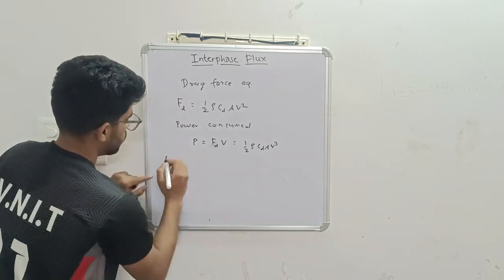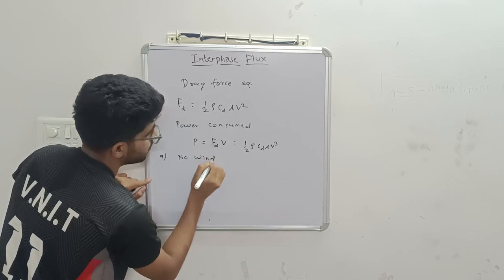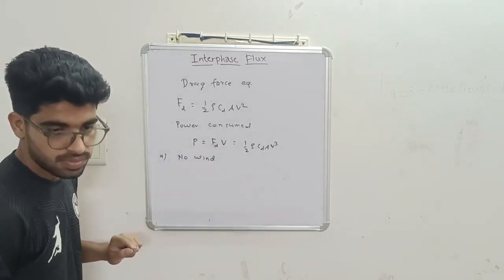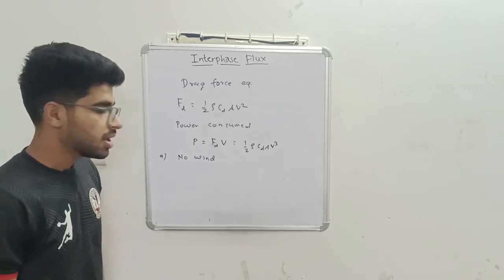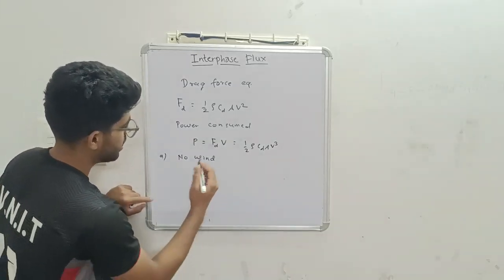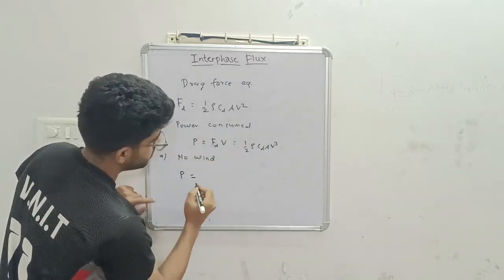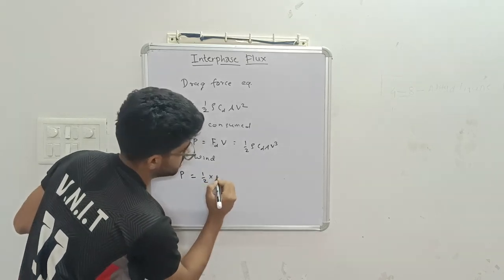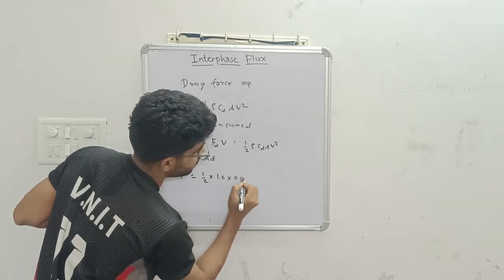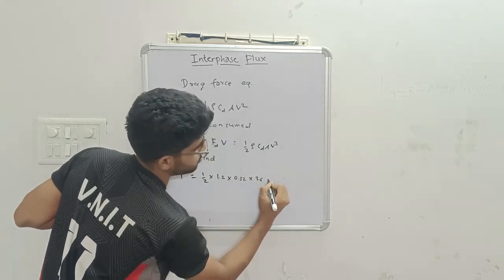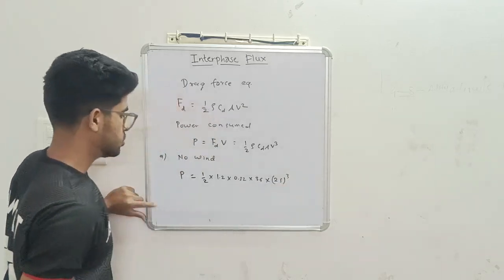Now, solving case A, which is the no wind case. In the first no wind case, we are going to find power consumption. Here we write the formula of power, and now we put the values one by one. Half, our density is 1.2, and CD is 0.32, where area is equal to 3.6, and our velocity is equal to 25 meter whole cube.